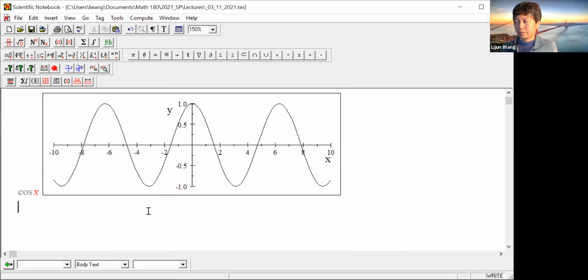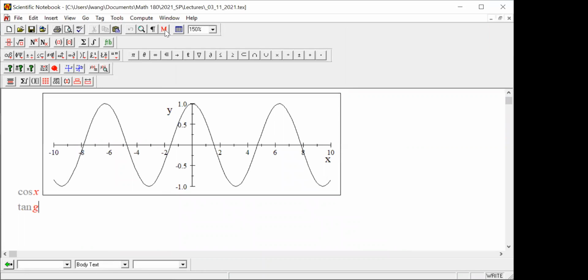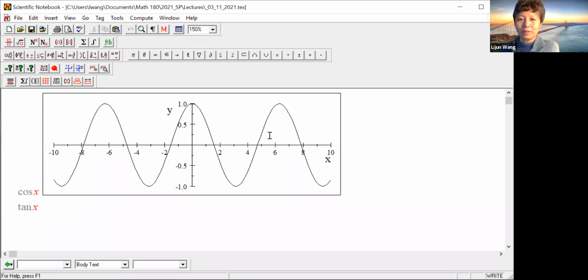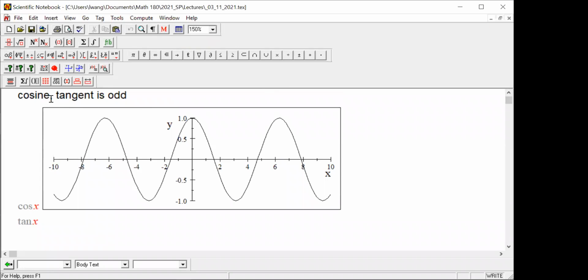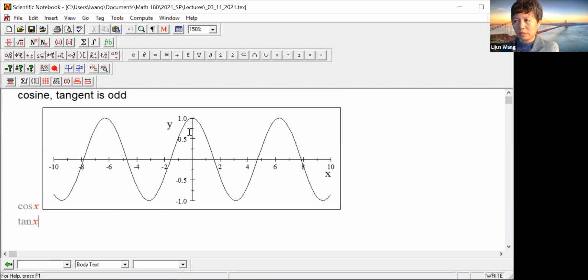Tangent. No, cosine's even. My bad. Cosine is even. Yes, that's right. Cosine is even. You see, it's symmetrical, isn't it? Symmetrical with respect to the y-axis. Right? How about tangent?